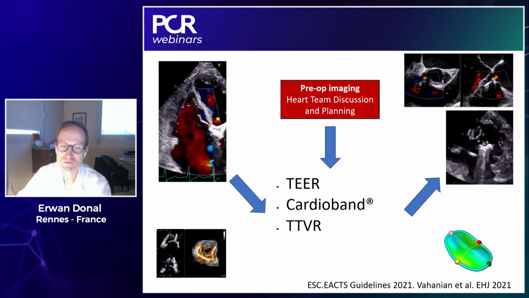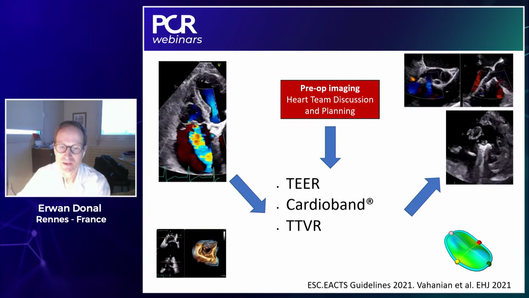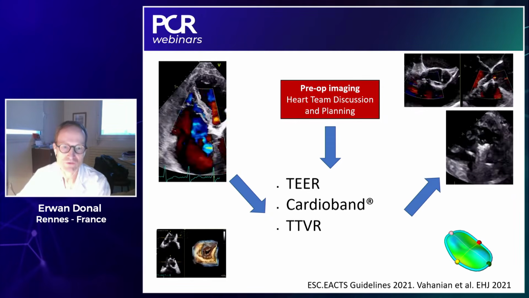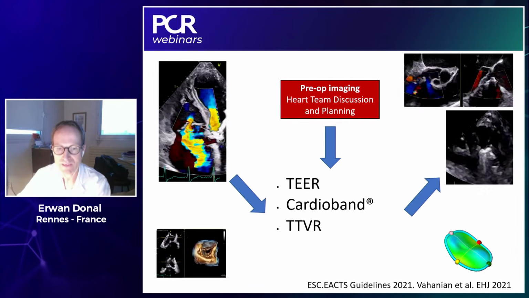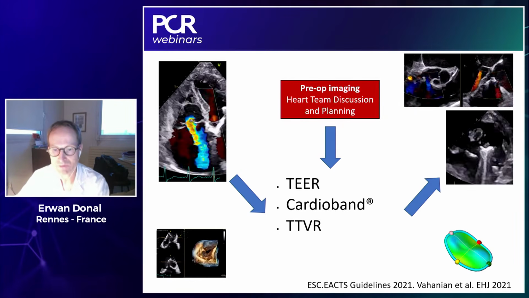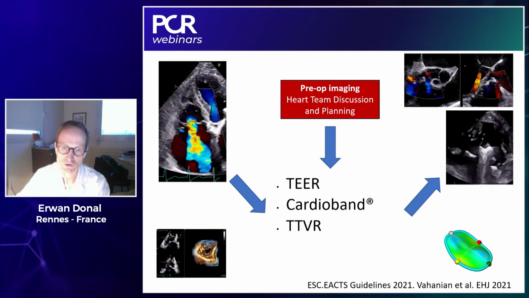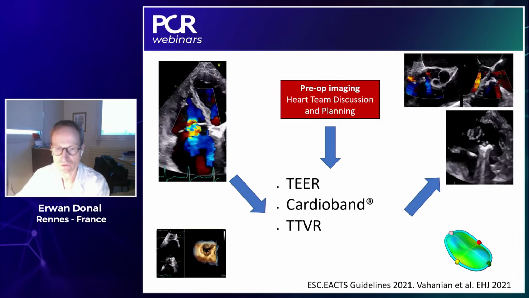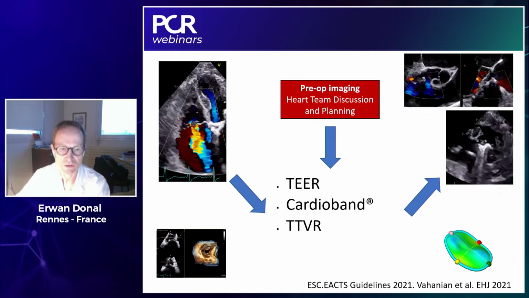So, of course, when we have a patient with significant TR and symptoms, we think that, first of all, we have to implement and optimize the medical treatment, the diuretics, and then sometimes the patient remains symptomatic, and we have to decide if we send the patient to surgery, which is very unusual, or if we can treat the patient with a percutaneous approach.